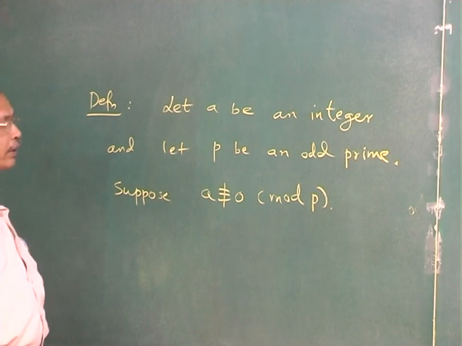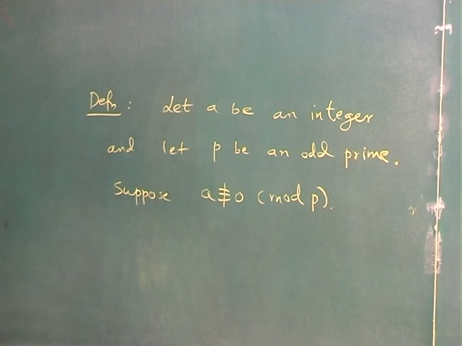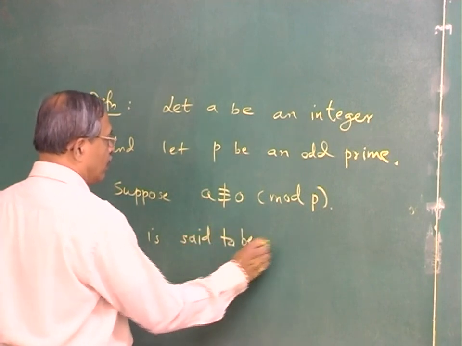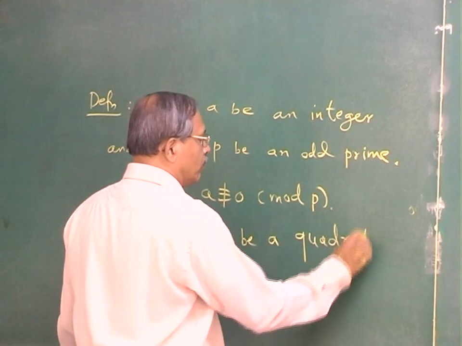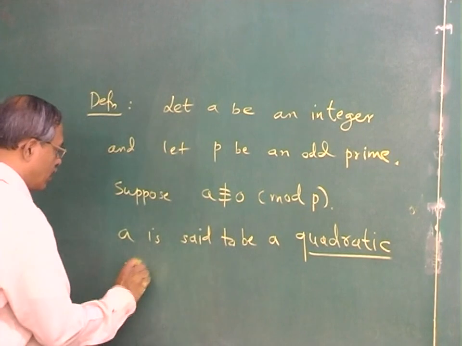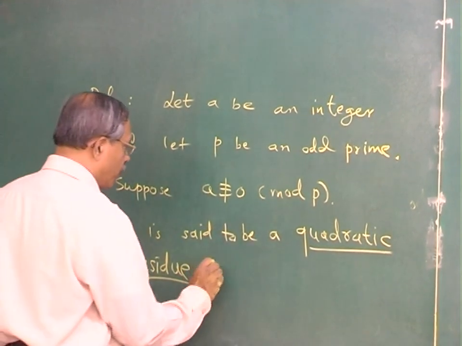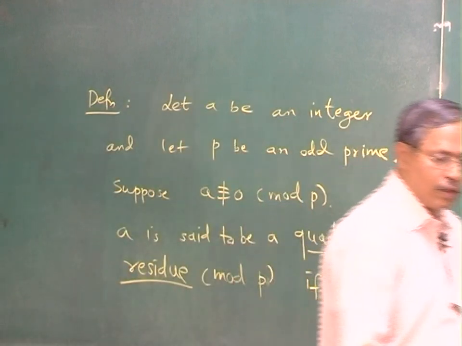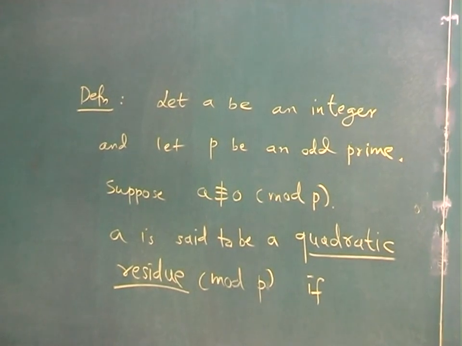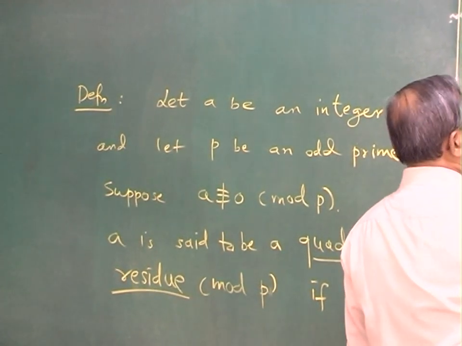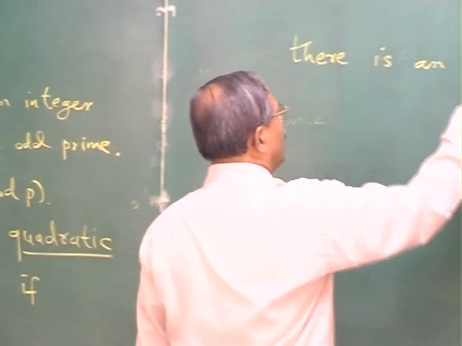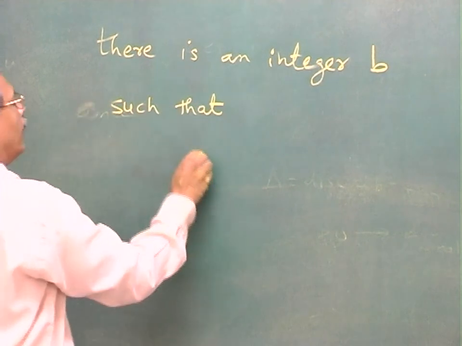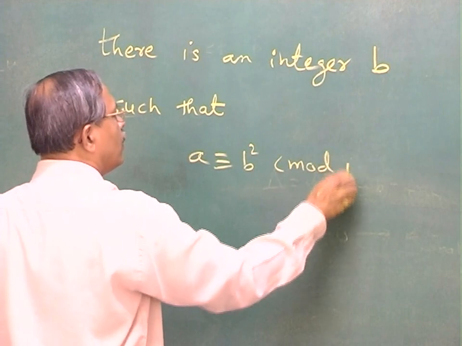Then we say that a is a quadratic residue mod p, provided there is some integer b such that a is congruent to b square mod p. a is said to be a quadratic residue mod p if there is an integer b such that a is congruent to b square mod p.